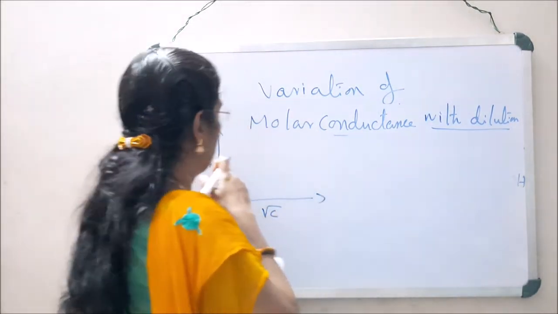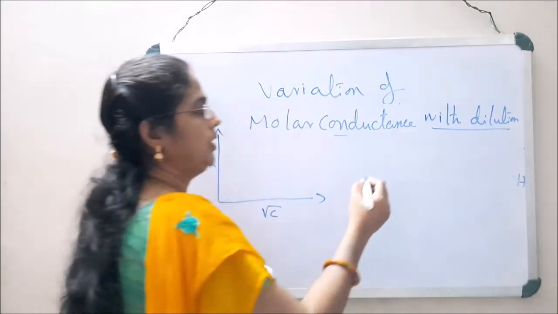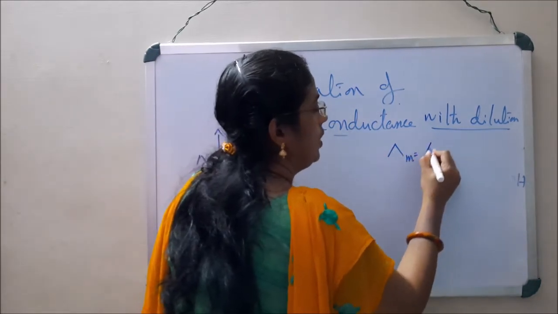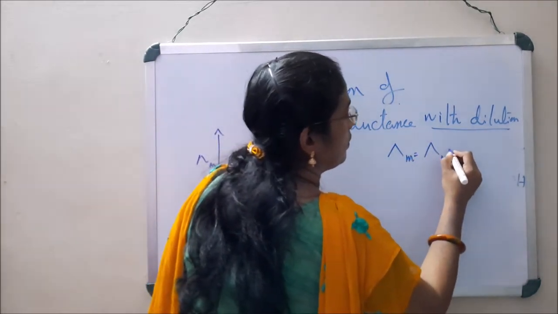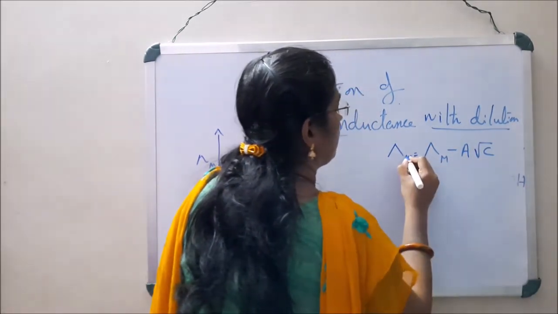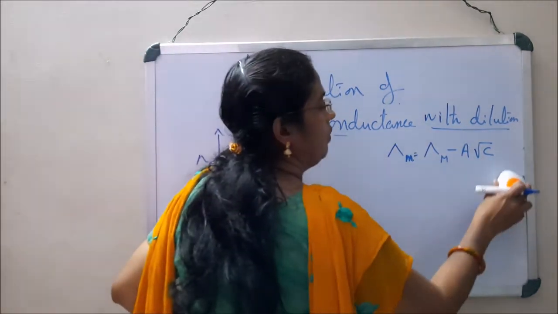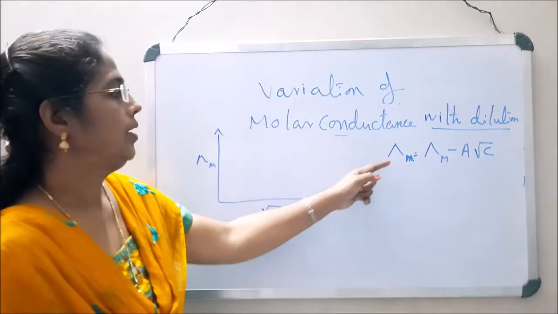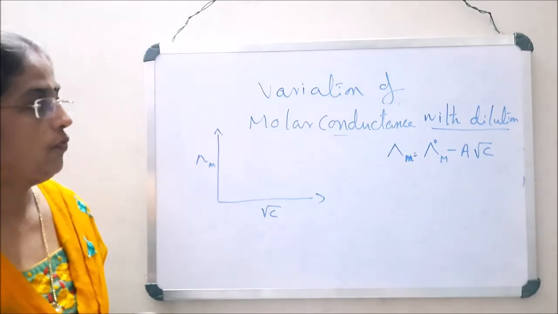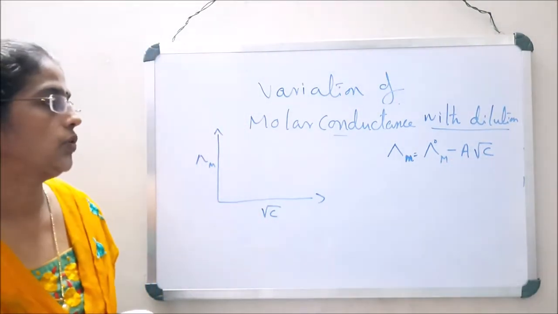The relationship between the molar conductance and concentration of the solution can be written as lambda m equals lambda m0 minus A root c, where lambda m is the molar conductance, lambda m0 is the molar conductance at infinite dilution, A is a constant and C is the concentration of the solution.